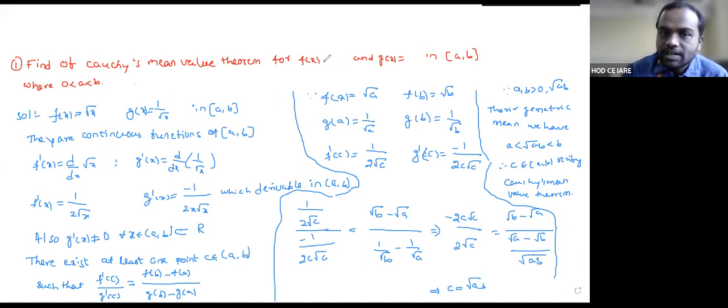Cauchy's mean value theorem. f of x is equal to e power of x and g of x is equal to e power of minus x in the closed interval of a comma b, where 0 is less than a is less than b.